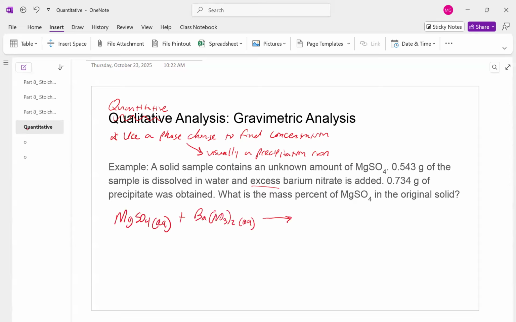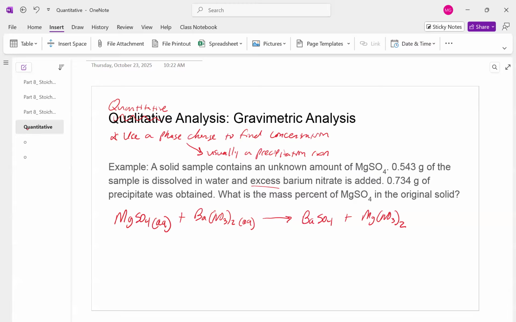Well, what's the precipitate here? All right, let's think about what we're doing. We're going to do a double replacement. The barium will go with the sulfate, and the magnesium will go with the nitrate. So go back to your table. I know it's a few pages away or back from the previous unit.